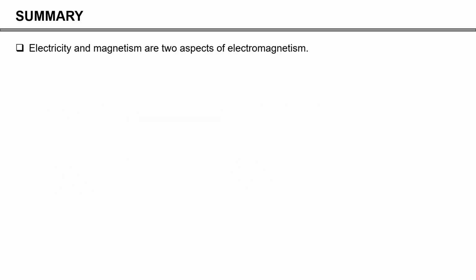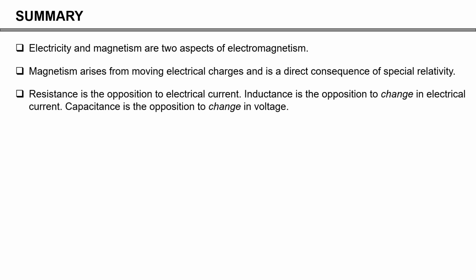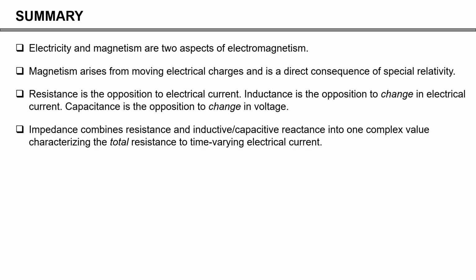Okay, so just to wrap this video up, electricity and magnetism are two aspects of electromagnetism. Magnetism arises from moving electric charges and is a direct consequence of special relativity. Resistance is the opposition to electrical current. Inductance is the opposition to change in current, and capacitance is the opposition to change in voltage.